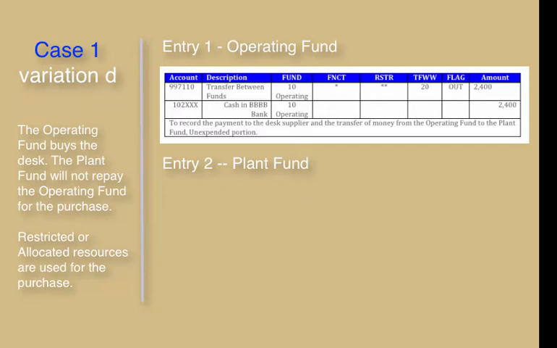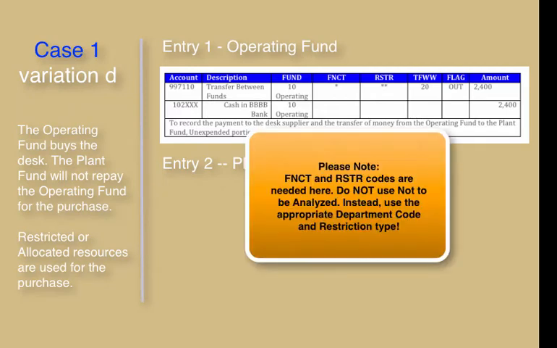The TFWW code here will be 20 because we are moving funds into the plant fund, and the flag will be out. The credit side of this entry will be to the cash in the bank account, which will be a 102 something, and the fund will be 10. This entry records the payment to the desk supplier, and it also records the transfer of money from the operating fund to the plant fund unexpended portion.